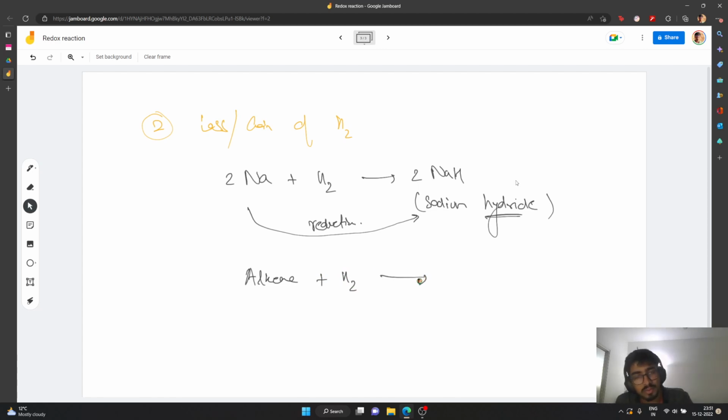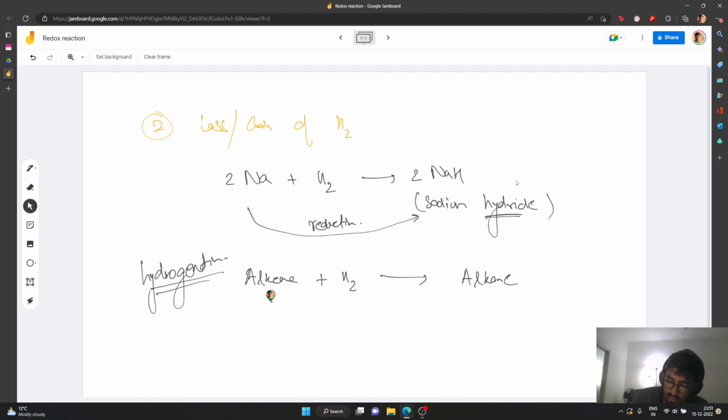Or one common example would be maybe you have an alkene and then you add hydrogen. Take a guess what it would be. It should form alkane, and these reactions we call hydrogenation reactions, right? So an alkene, which is a double bond, an unsaturated compound, going into a saturated compound, which is a single bond.